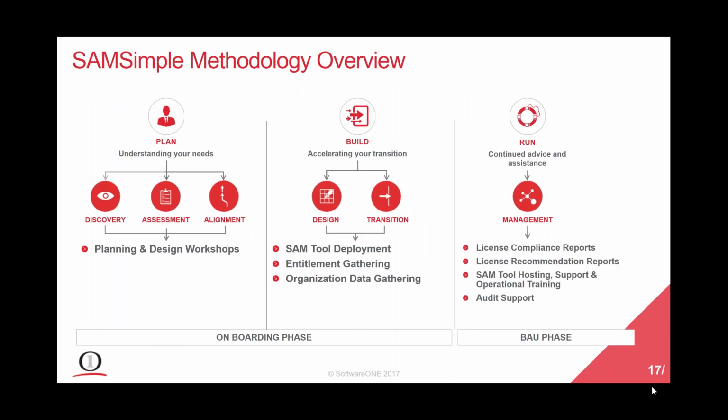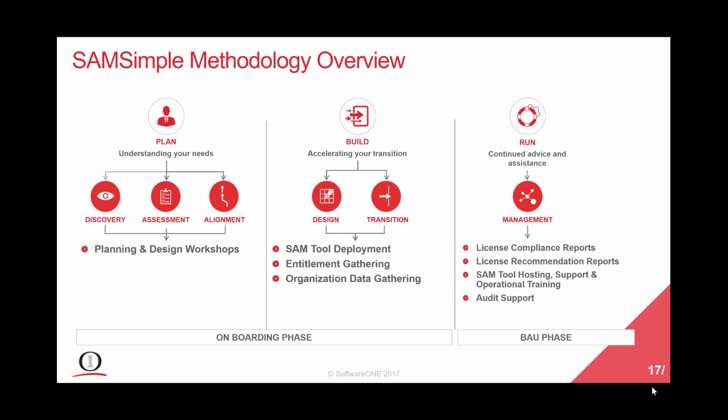So now I'm going to go into a little bit more detail on the methodology to get customers up and running. As I mentioned, it's this 3-stage process of plan, build, and run. And the plan and build stages represent the onboarding phase for customers. And we're targeting a 1 to 2 month window to get customers up and running and executed on that plan and build stage.